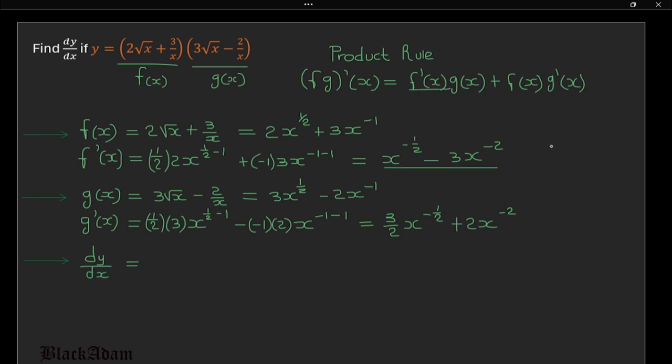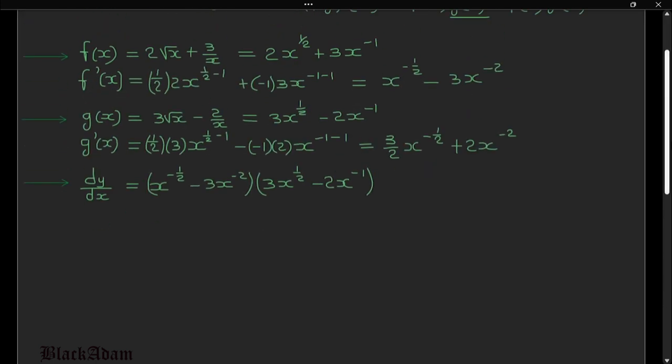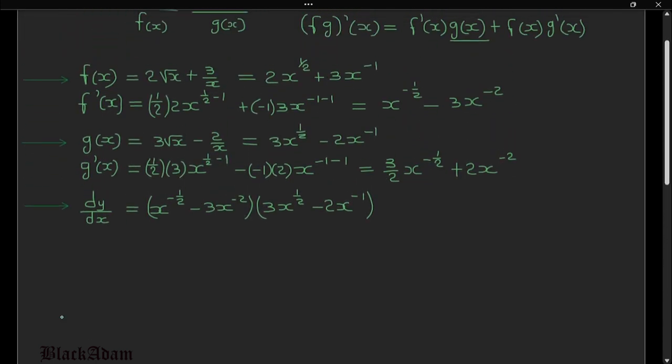And then that's the derivative of f of x, which is x to the power negative half minus 3x to the power negative 2, and all of that multiplied by g of x. That's the value we have, so g of x is going to be 3x to the power half minus 2x to the power negative 1, and then we have plus, so we add there.